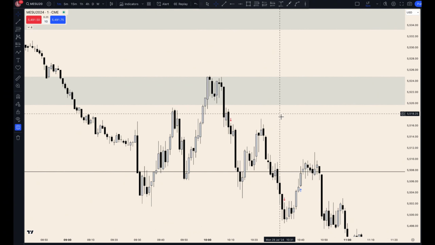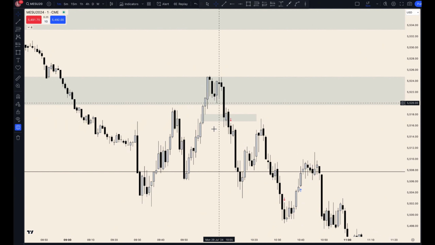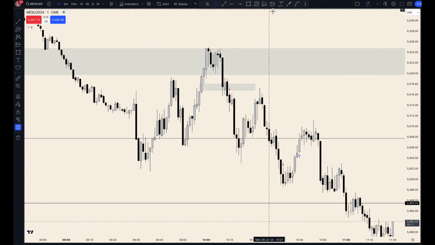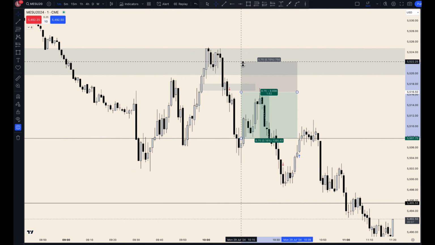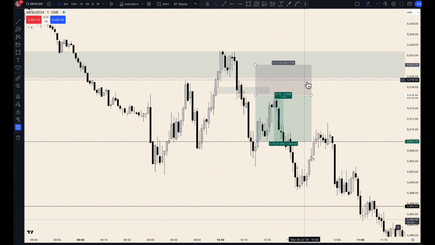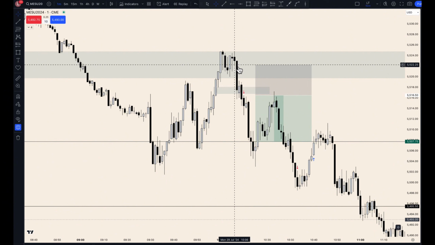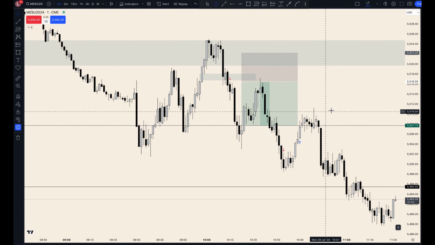Because you can see that there was also a bullish fair value gap that was disrespected. So as soon as I saw that, I put in my order here. My stop loss was placed just above this fair value gap, because what I think is, if price was to really disrespect this bearish fair value gap, that would invalidate my trade.